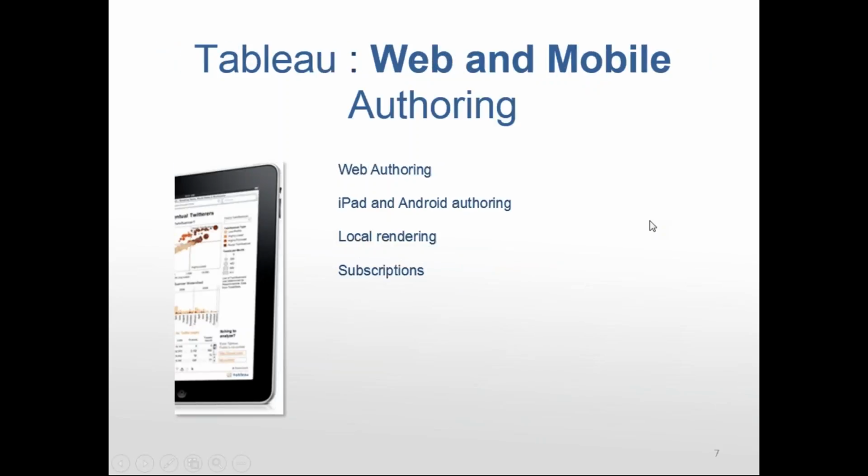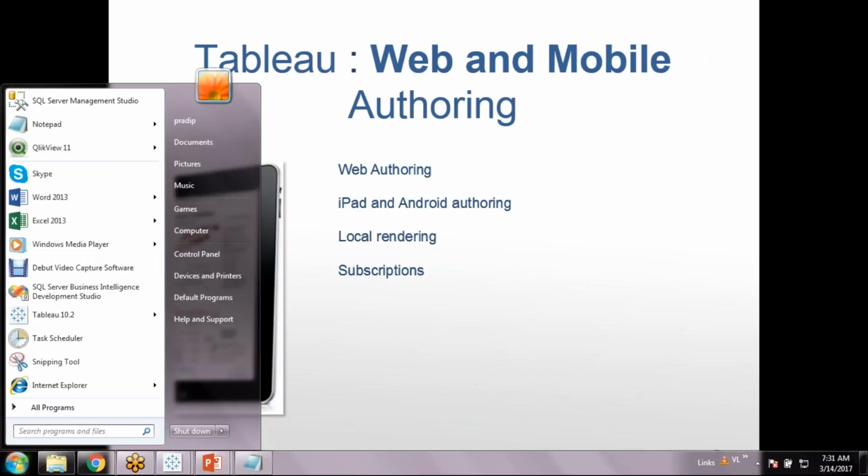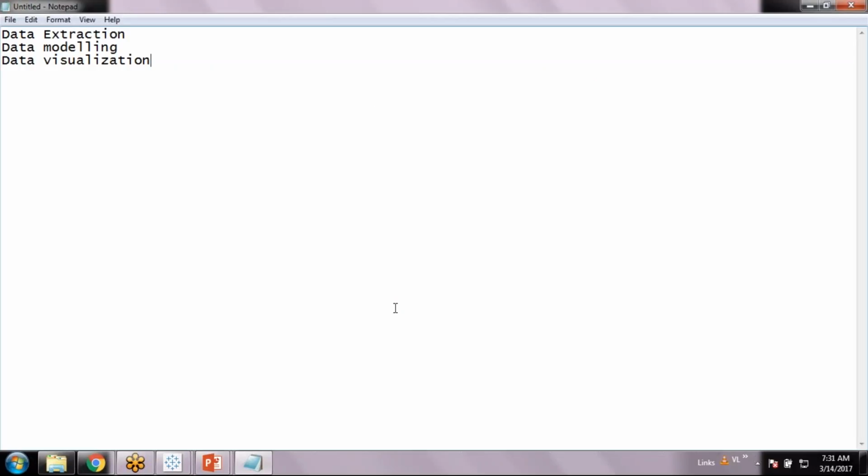Then the last is basically the interfaces. While you are developing a Tableau dashboard, you have to download Tableau Desktop. The second product of Tableau is Tableau Server. Tableau Desktop is basically a development tool.